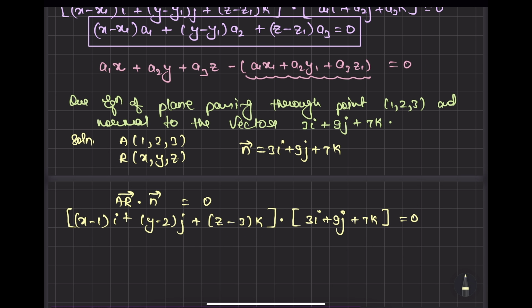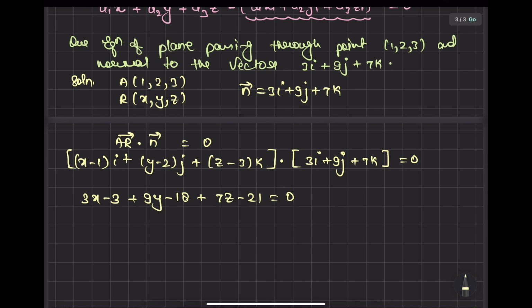So you know that i will be multiplied with i, j will be multiplied with j, and k will be multiplied with k. So 3 will be multiplied with x minus 1, so it is 3x minus 3. Then 9y minus 18. Then 7z minus 21. So this thing will be equal to 0.